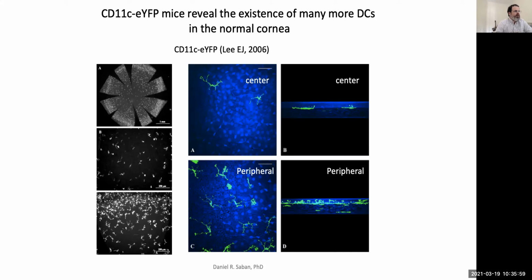This is a CD11c YFP knock-in, so this is a mouse, clearly. And you can see quite beautifully, if one was to argue that you need CD11c cells to show that there are dendritic cells in the cornea, to say that there's immunocompetent antigen presenting cells, clearly there's plenty. Of course, you can see there's a higher density in the limbus, but as you move towards the middle, they're there too.